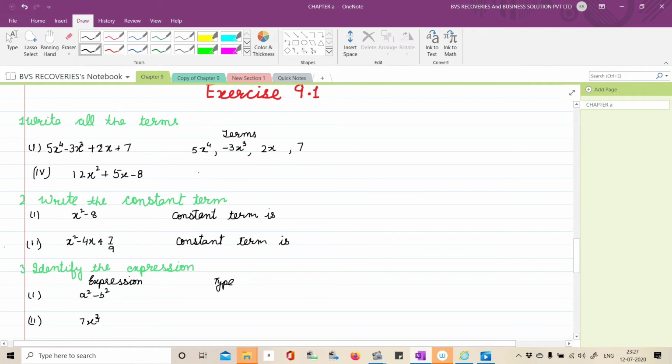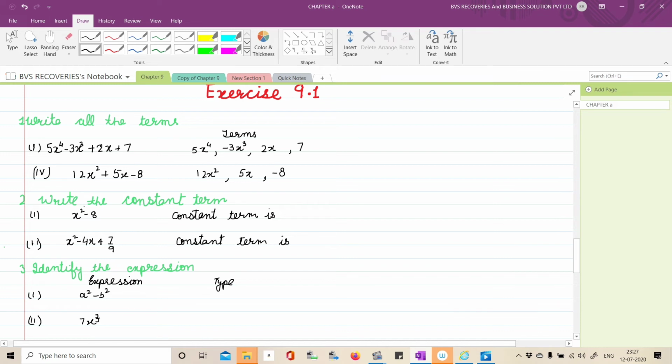There are three terms. So the first term is 12x^2, second is 5x, and third is minus 8. I hope you have understood what a term is. Alright. So same way you can do the remaining parts of this question.